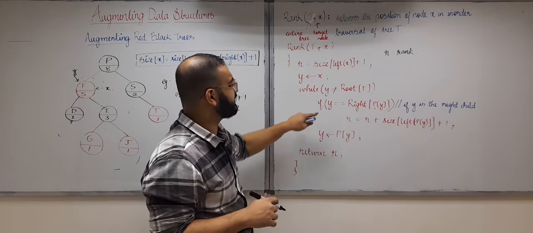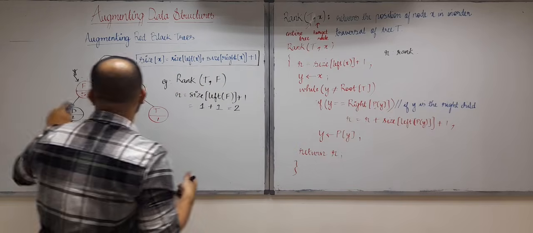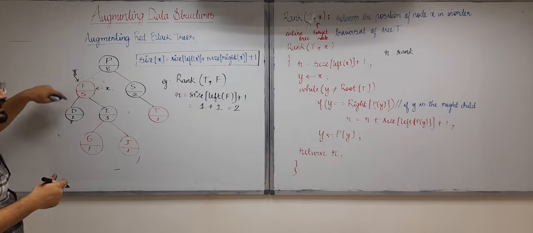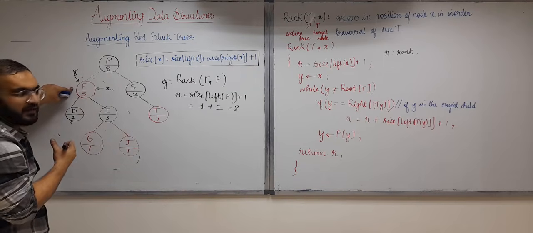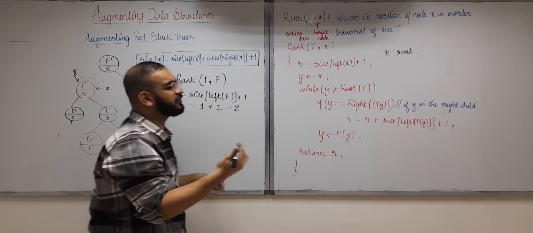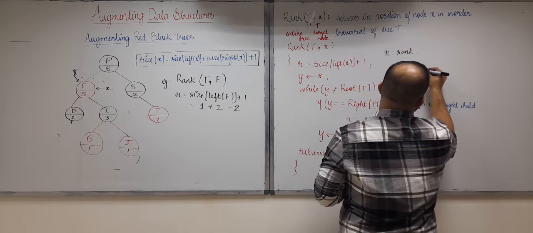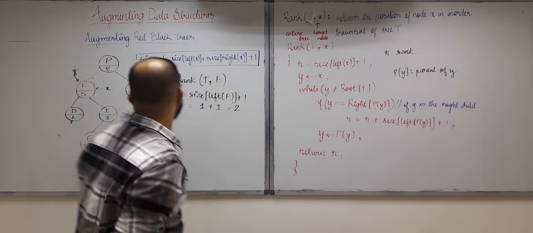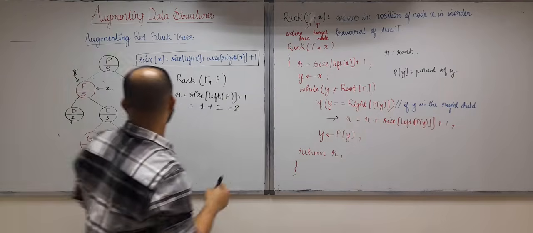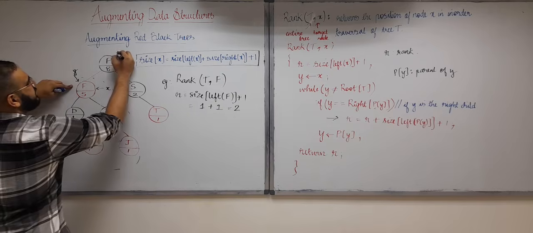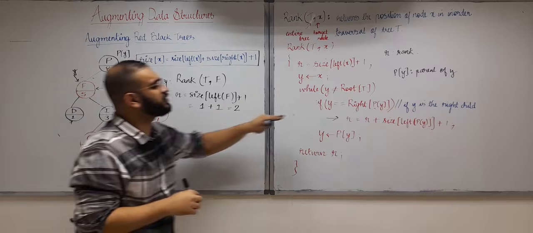The condition says that if y is equal to right of py, where y is pointing at node f and py is the parent of y, then we perform this step. But here you can see that this is y and this is py, so my y is the left child of py. So we don't need to perform this step.